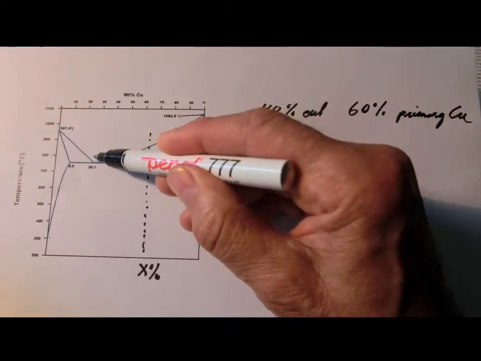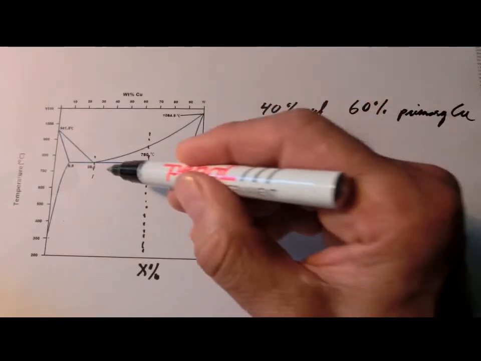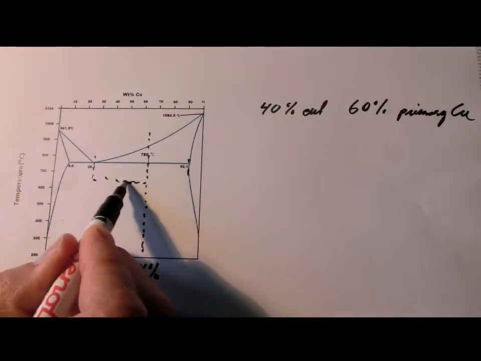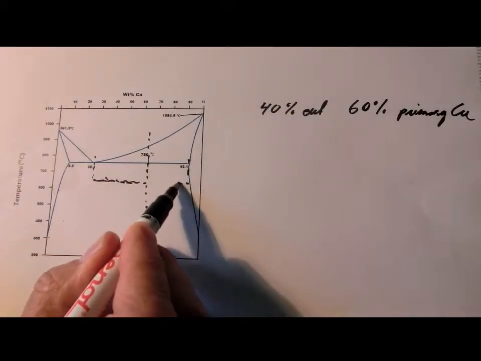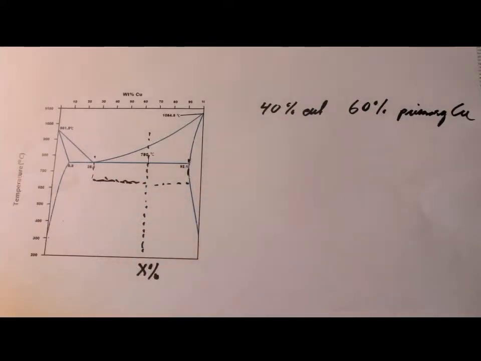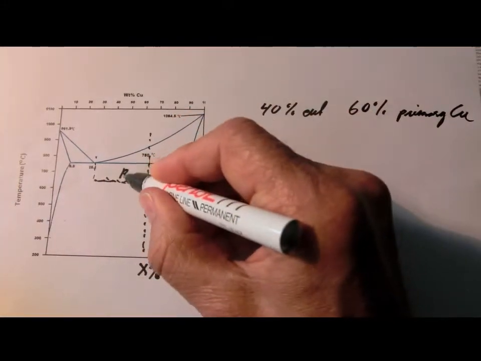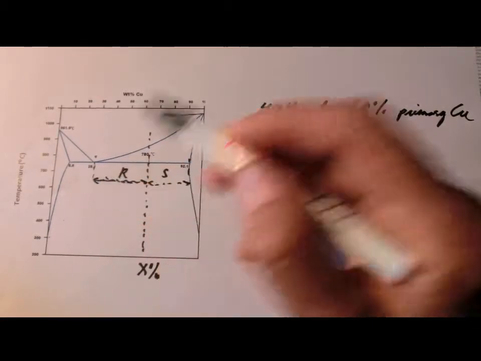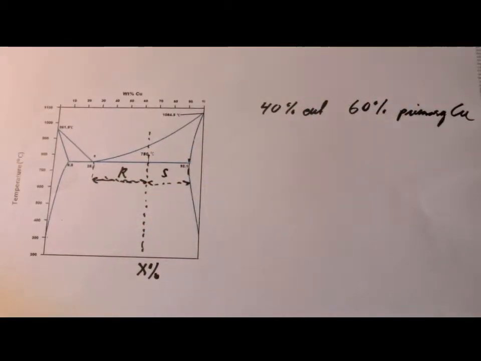And then we will make these lines. So we're going to have one line there and one line here, and we call this distance R and we call this distance S, as before. And then we're going to make some calculations here.